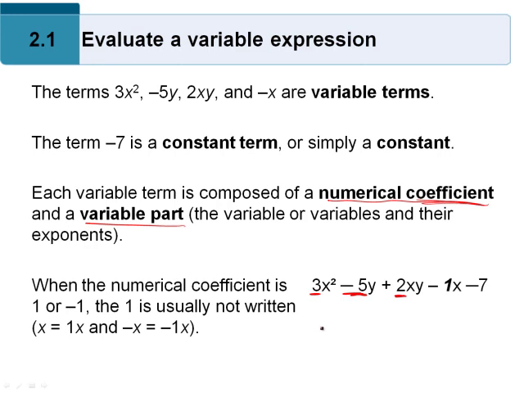So in other words, if you have 6x minus y, that is a negative 1y. That 1 is usually not written. It's understood to be there. So just make sure you realize that the coefficient on that x term is a negative 1. And then our constant term, negative 7.